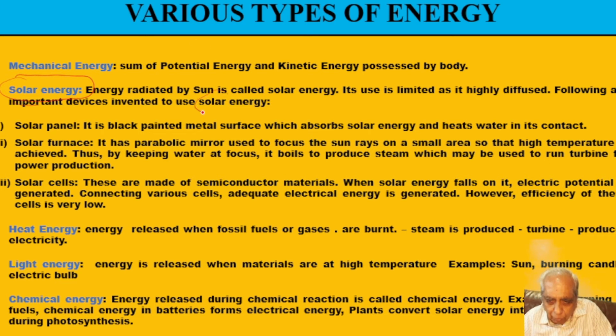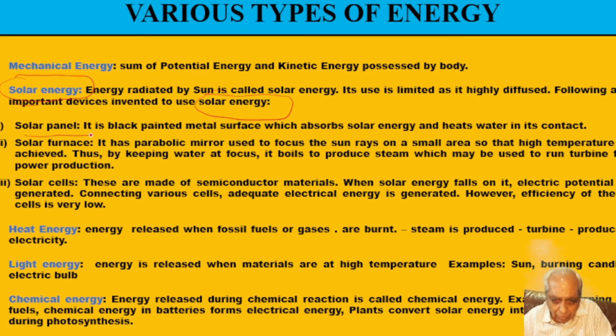Because by burning fossil fuels we are causing pollution, and the availability of fossil fuels is also limited. Now, three important uses of solar energy. One natural source is photosynthesis. It is used by plants to convert solar energy into chemical energy, because it is by solar energy that photosynthesis occurs, which produces fruits, plants, leaves, all those things.